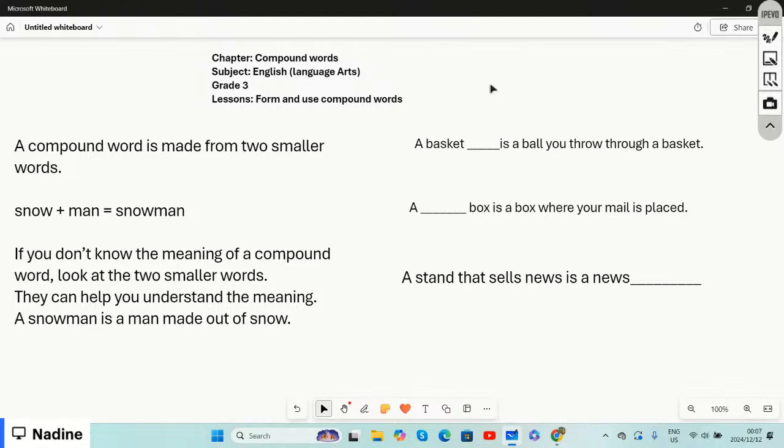Yesterday, we also spoke about compound words, but we did the other two lessons. So now we're just going to be ending off by forming and using compound words. That is why I'm specifically saying this is a continuation, because the chapter is broken up into certain things that we did yesterday and one of the lessons that we're going to be finishing today.